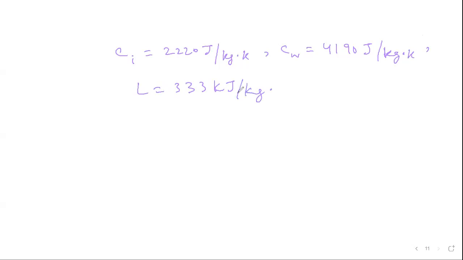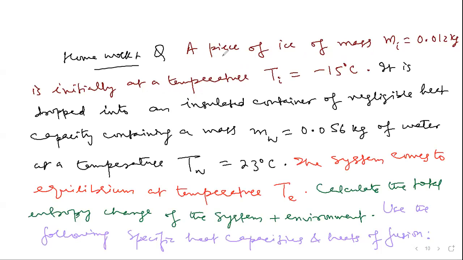So let me check the question again. I repeat it. A piece of ice of mass mi equal to 0.012 kg is initially at a temperature Ti equal to minus 15 degrees Celsius. It is dropped into an insulated container of negligible heat capacity containing a mass mw equal to 0.056 kg of water, right?